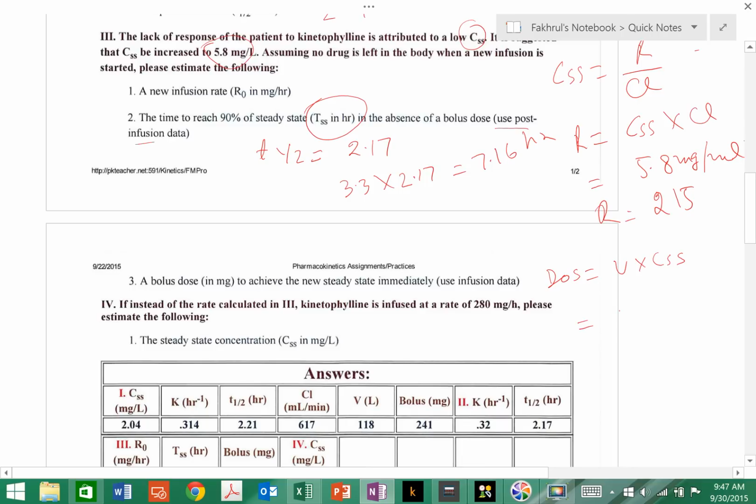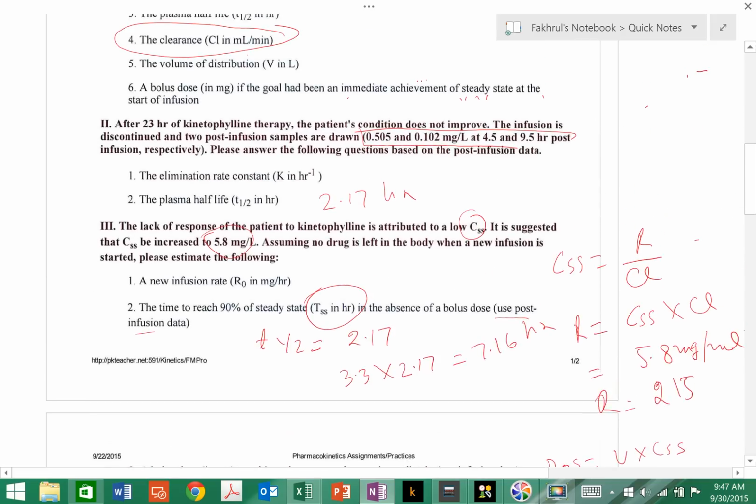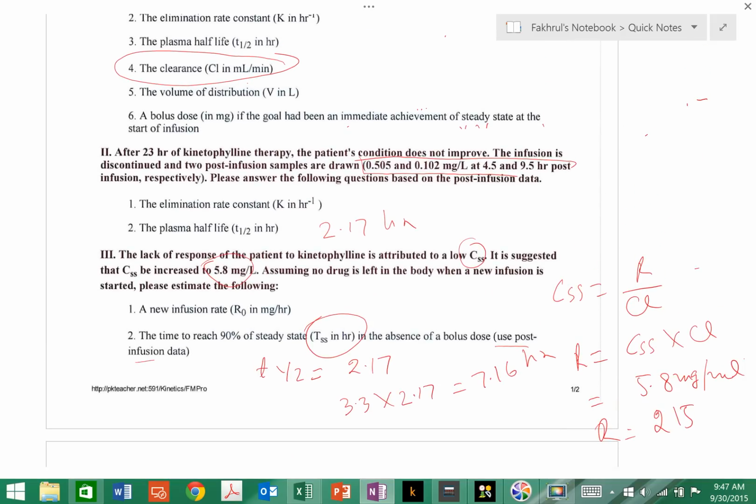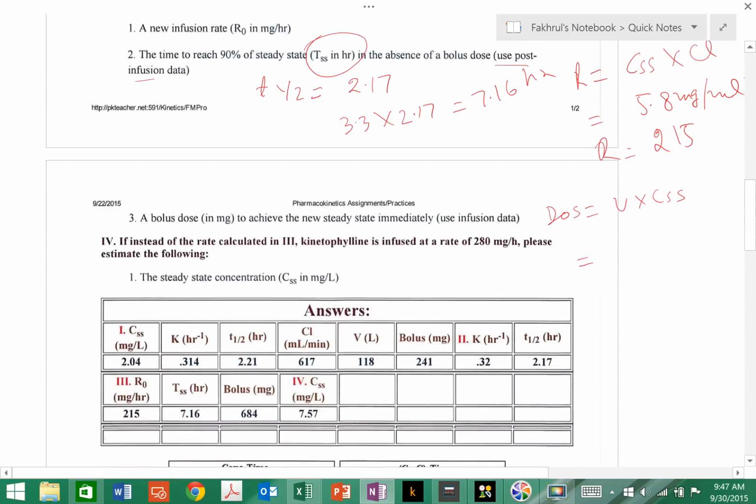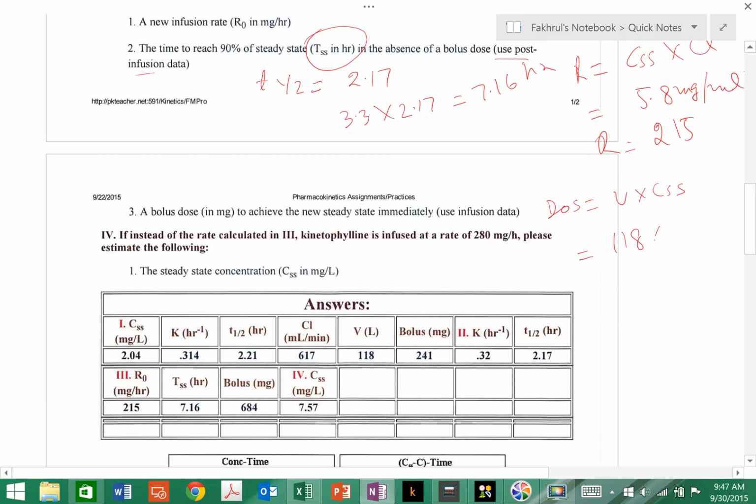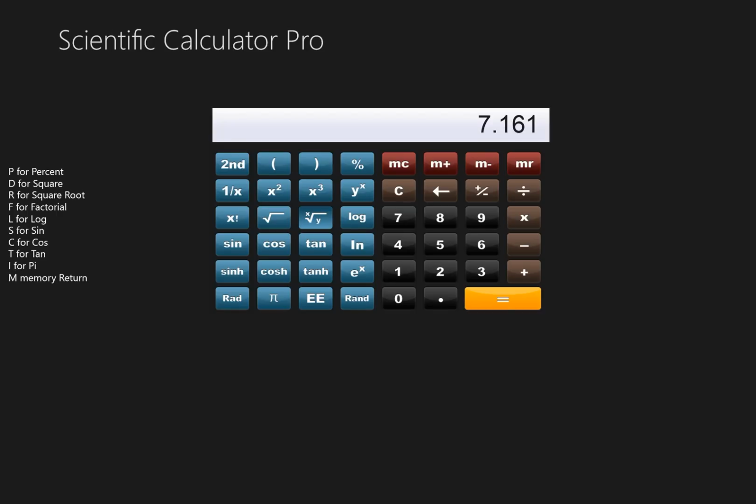We know the volume of distribution was 118, and CSS, as he mentioned, is use infusion data. So it would be 118 times 2.04.